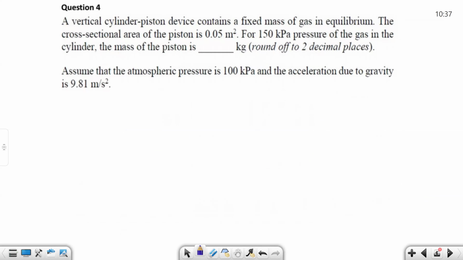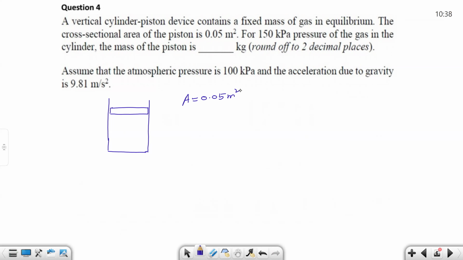A vertical piston cylinder device contains a fixed mass of gas in equilibrium. The cross-sectional area of the piston is 0.5 meters squared.